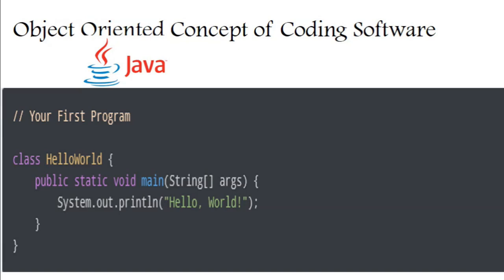The system calls its property out and then calls a function called what? Print line. This means print line, hello world. The braces you are seeing here are the starting and ending for the function. This one is the starting and ending for the class itself.